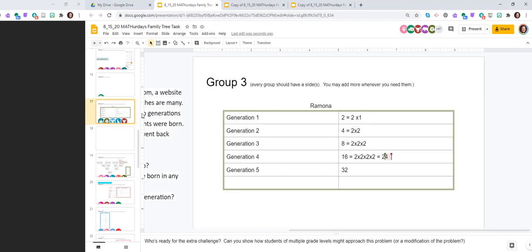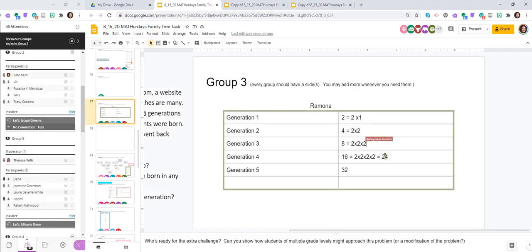Go format text and then superscript. Oh, I see it. There we go. Okay. So this equals a V, but then that's a 3, right? And then that equals control V, and that's a 2. All right.